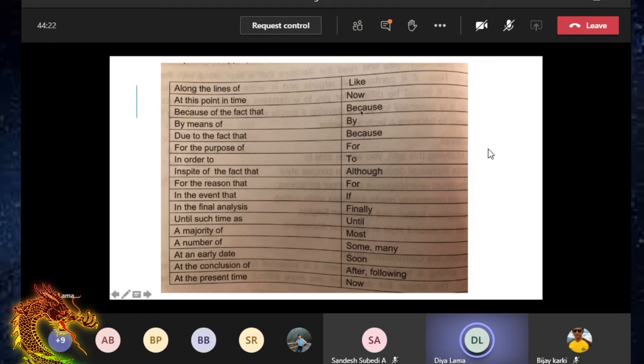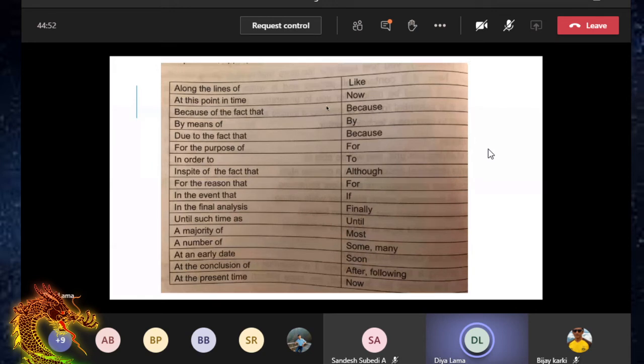You can just write because, you don't have to write the fact that. If you're writing a report, obviously you could write this. If you're writing a short document, then no, you have to just write because. By means of. Without the means of, you can just write by. Due to the fact that, instead of that, just write because.